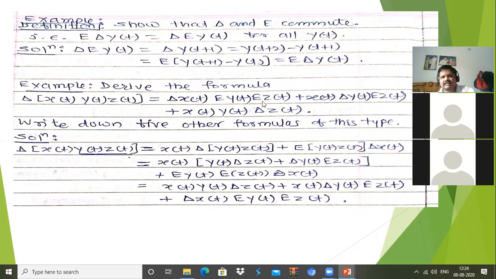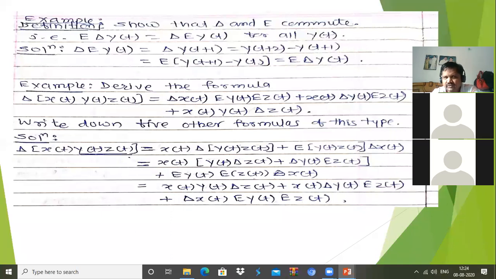Now, derive the formula for delta of xt yt zt. That means it is a product of three terms, three functions. Now we have seen in the derivative d by dx of u into v equals the derivative of the first with the second as it is, plus the derivative of the second with the first as it is.